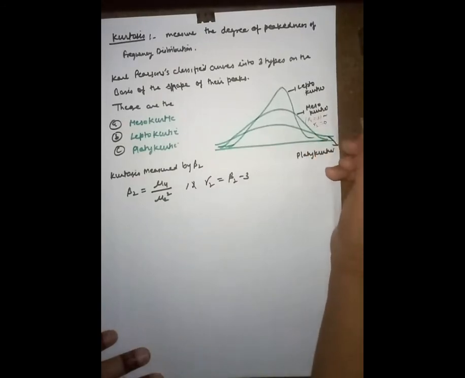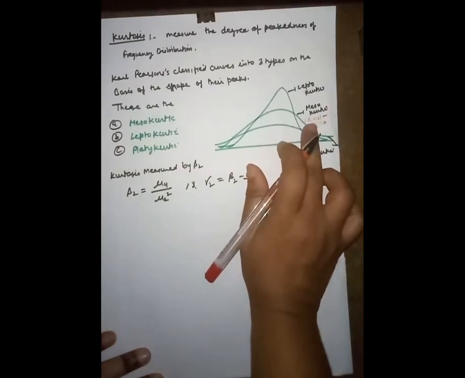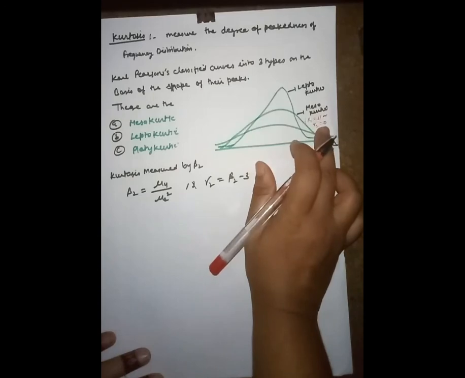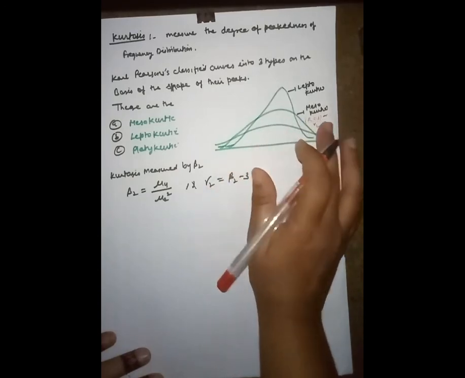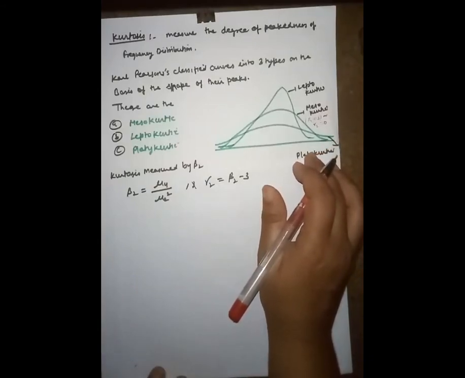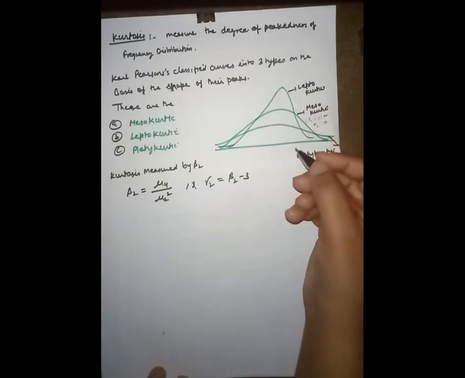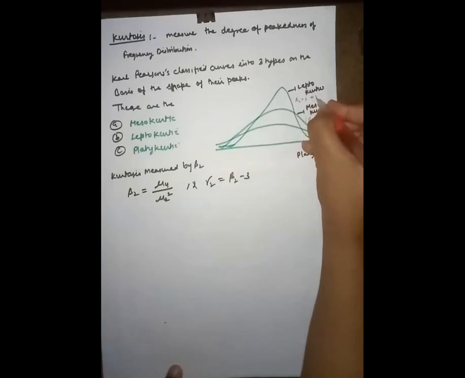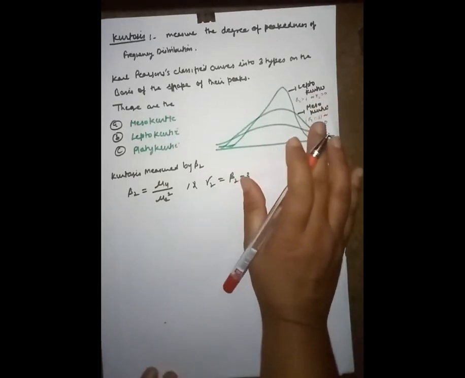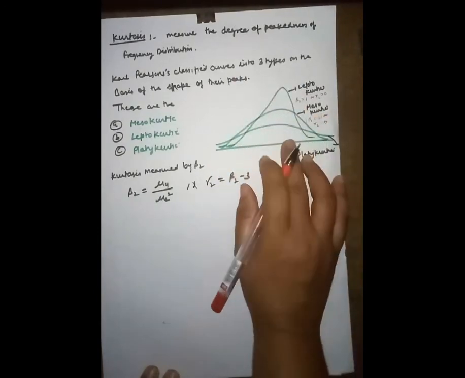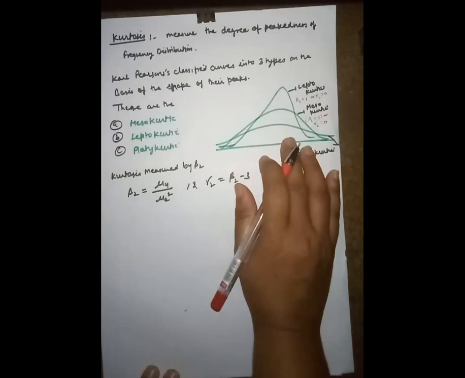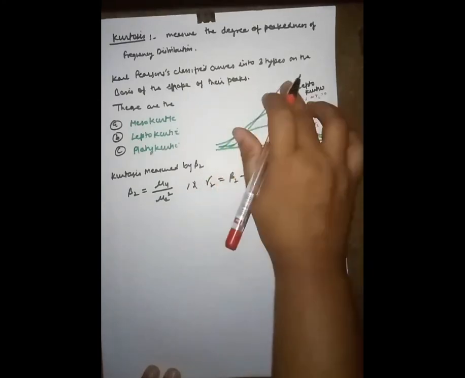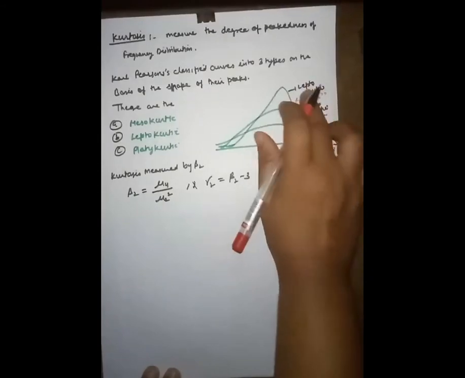If beta 2 is greater than 3 or gamma 2 is greater than 0, then the curve is more peaked than the mesokurtic curve and is termed a leptokurtic curve.